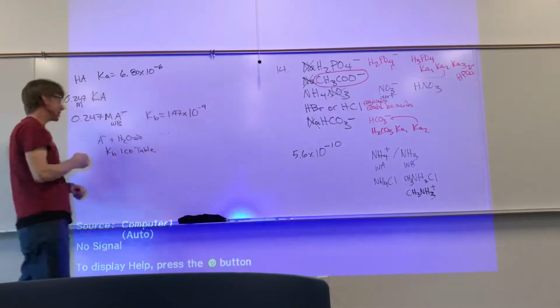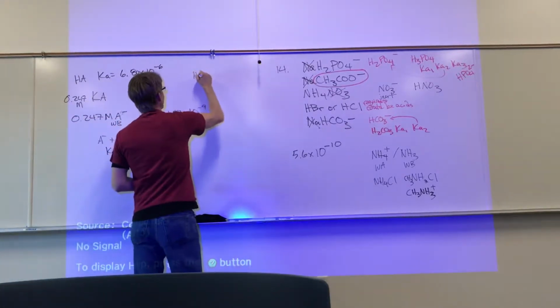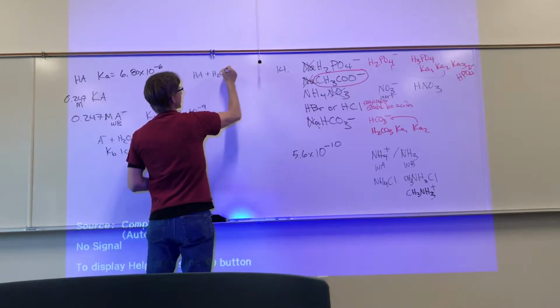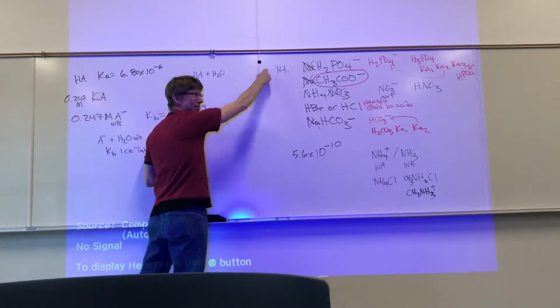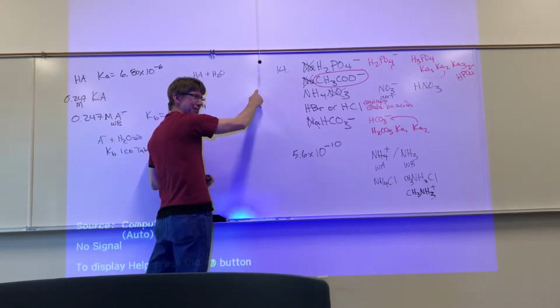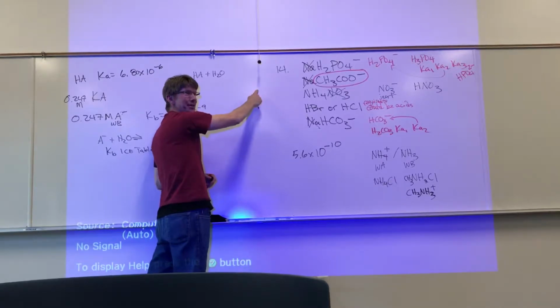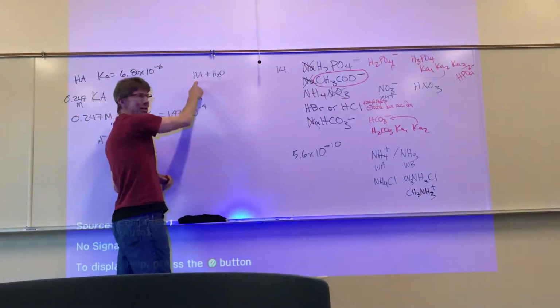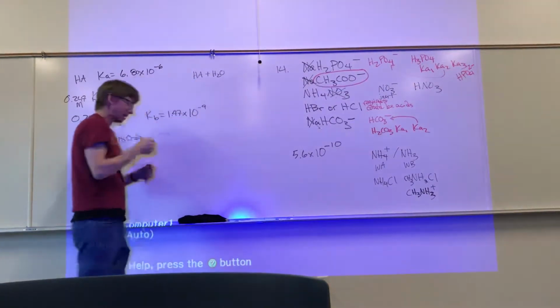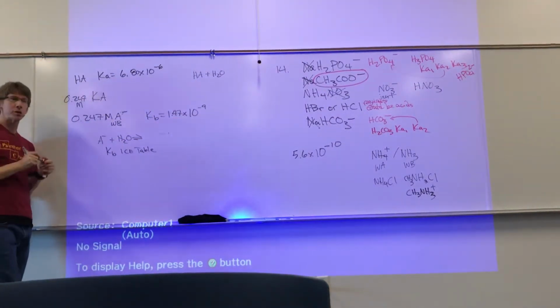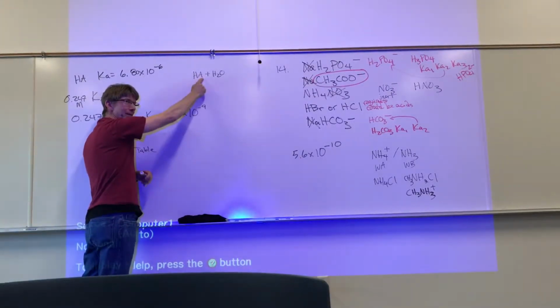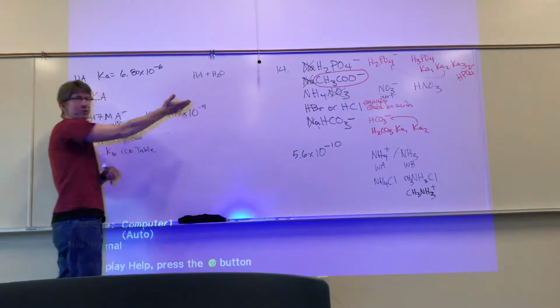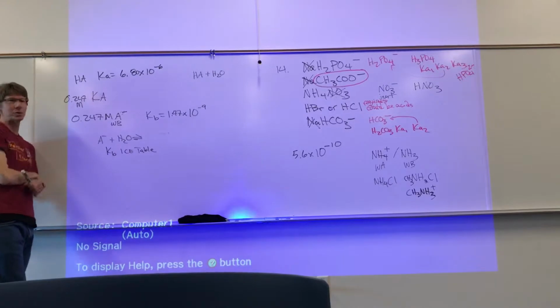Although, if you wanted to get really fancy, you could try a Ka ICE table, but you'd only have an initial concentration of your A minus, and things get wackier from there. So you wouldn't have anything to put here. I see where you would go with that, and it would be tempting to put 0.247 molar under that, but you only have the 0.247 molar anion, A minus.